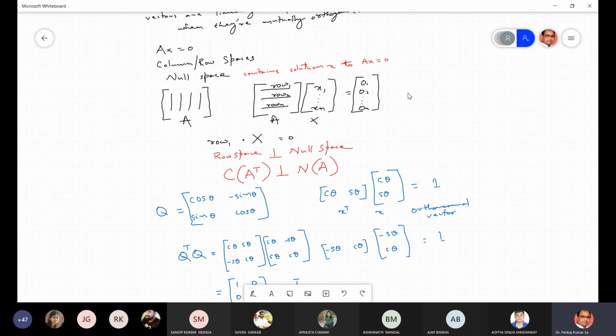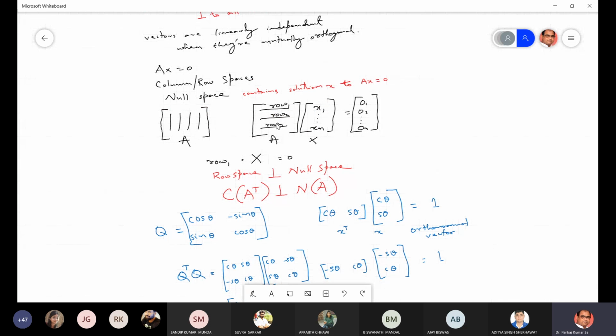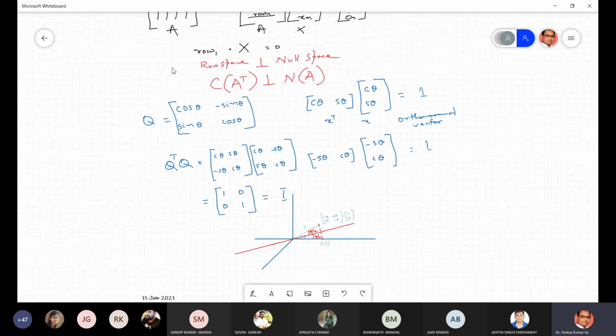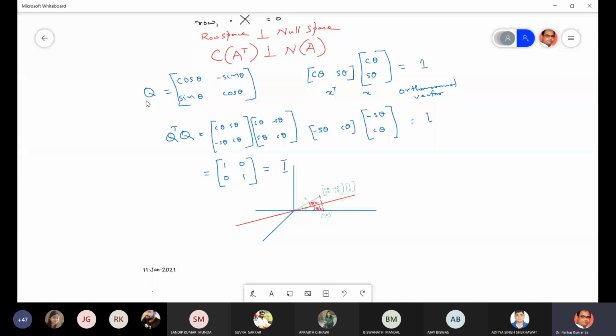So that is the same as this particular equation, X transpose Y equal to 0. That is why the row space and the null space are perpendicular, and that is what we write here.